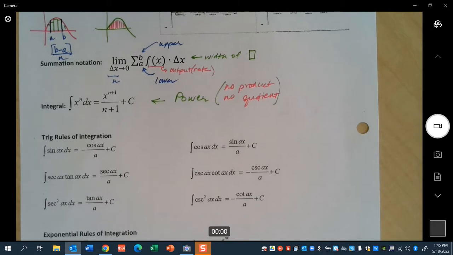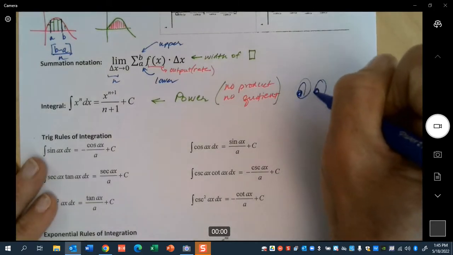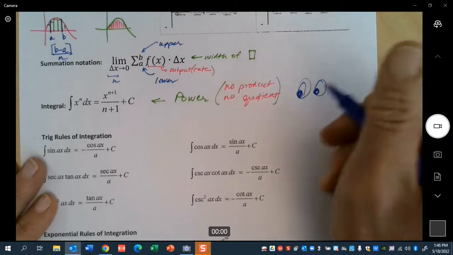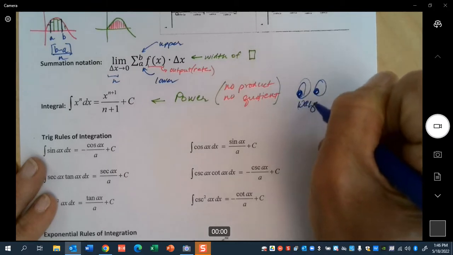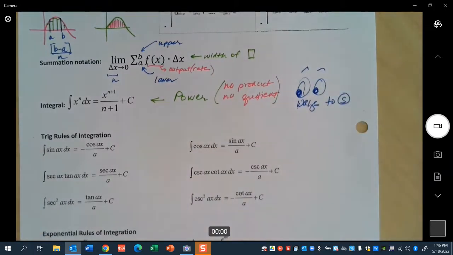So if we have functions, we can use the distributive property. So we're going to look for ways to simplify, because we can deal with the negative exponent, right? But we don't have the product and quotient rule for integrals like we do for derivatives.